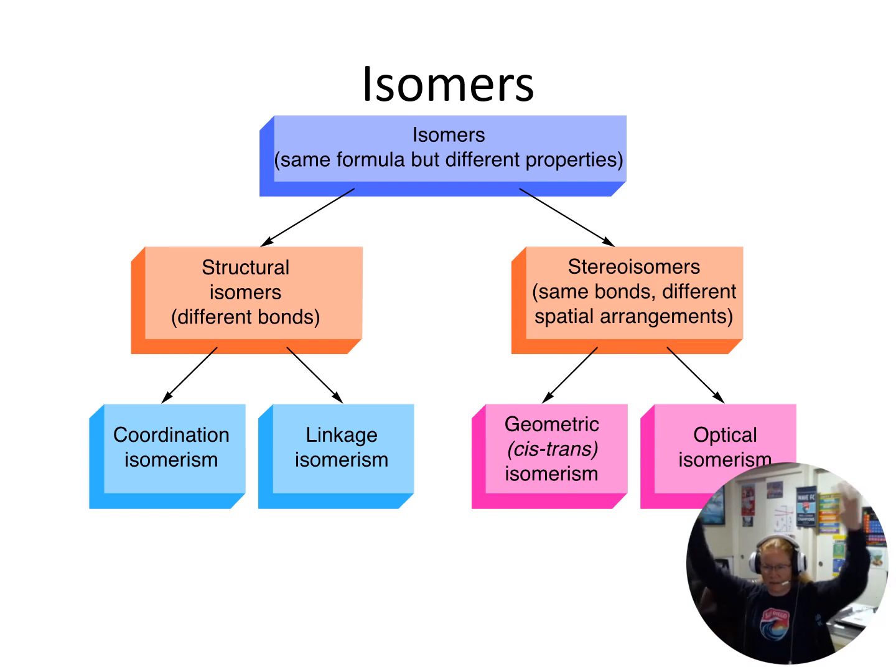Cis are where things are on the same side, and trans are where things are on opposite sides. And then optical isomers, which are really interesting. Your hands, we're going to look at this again in a minute, are optical isomers. They're mirror images of each other, but they're non-superimposable. If I orient my hands the exact same way, they're non-superimposable, only mirror images.